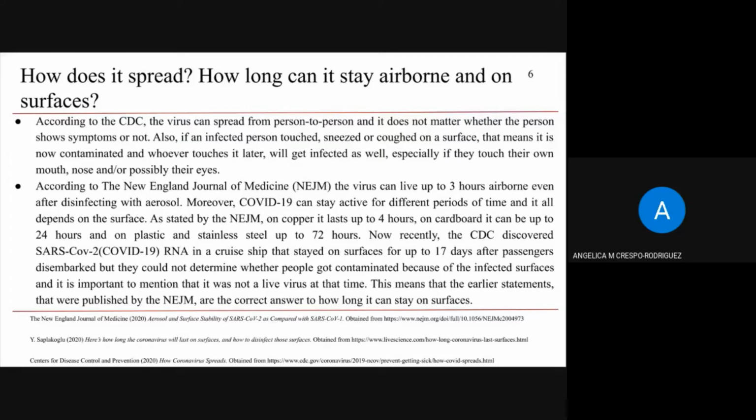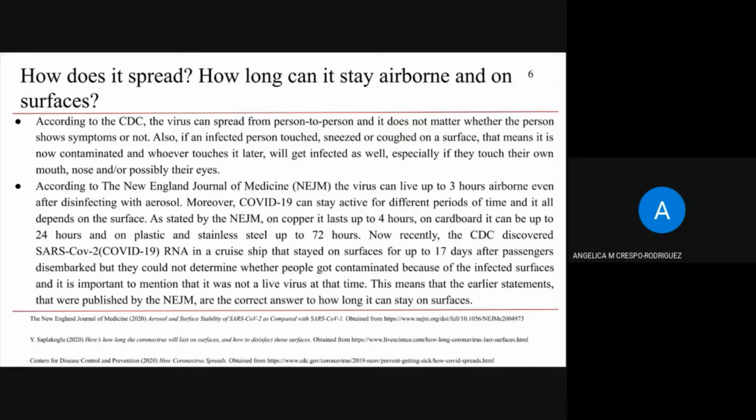If you ask about clothes or fabrics, it relates to cardboard because of its porous surfaces, meaning it's very easy to absorb particles. On a cruise ship, it was found that SARS-CoV-2 RNA was still there 17 days after passengers disembarked.